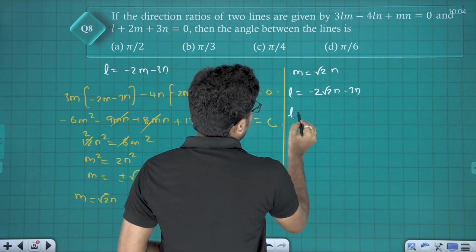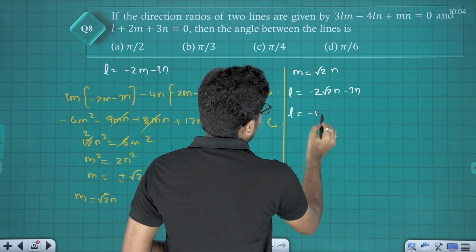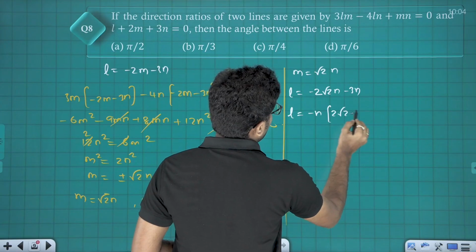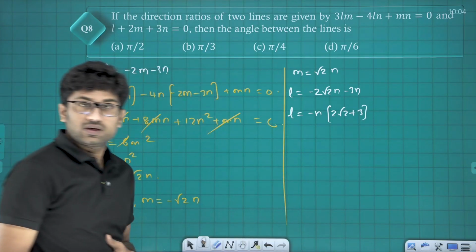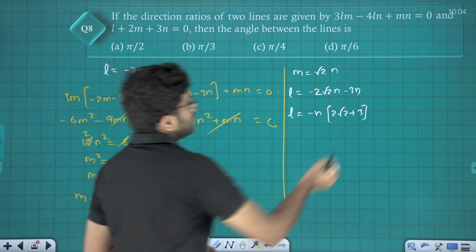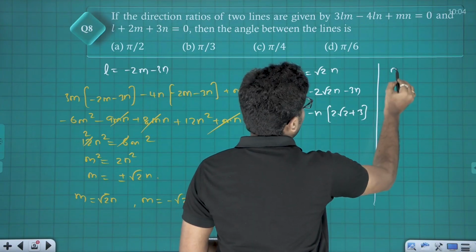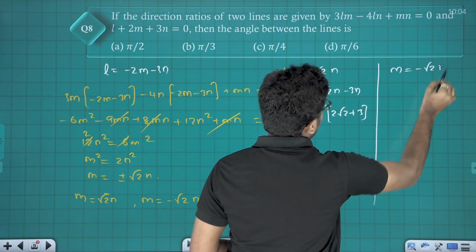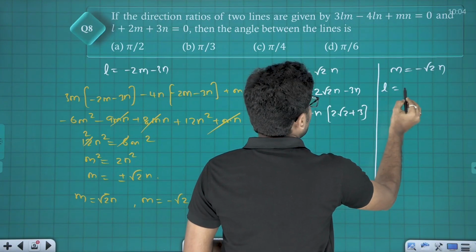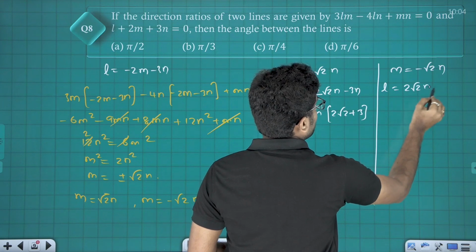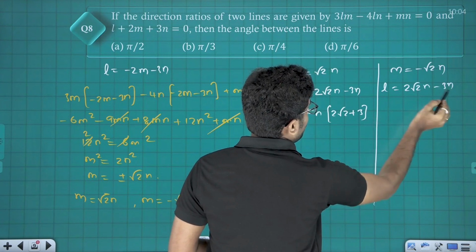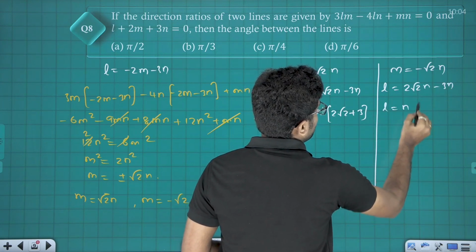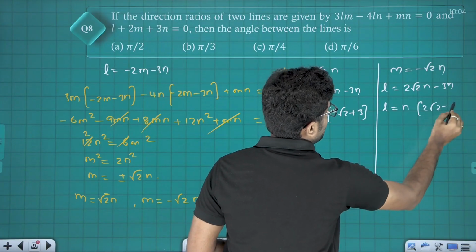So just take minus n common, minus n of 2 root 2 plus 3. Next, in the same way, if m is minus root 2n, then l will be 2 root 2n minus 3n. So if I take n common, 2 root 2 minus 3.